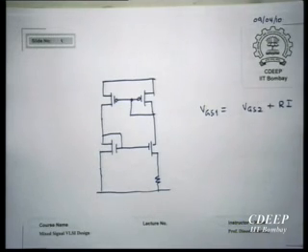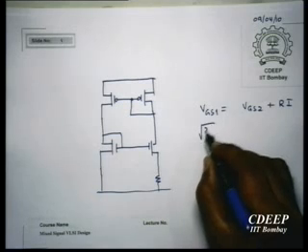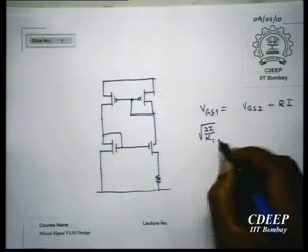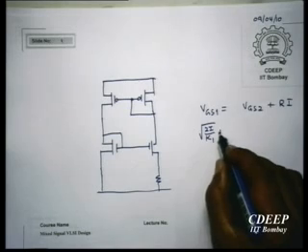This will now not be satisfied at any value of I. This will require a particular value of I at which this is satisfied. In short, you can write VGS1 as root 2I by K1. Okay, let's say that the ratio of geometry is M and not K, because there is this K of the transistor.